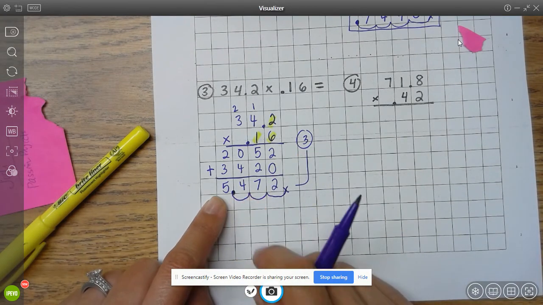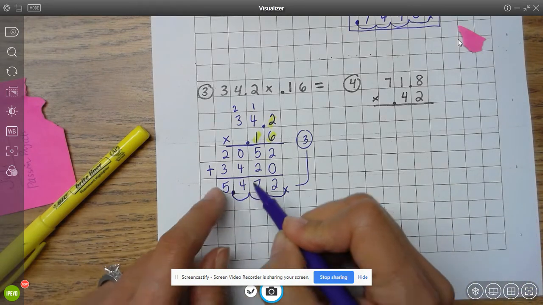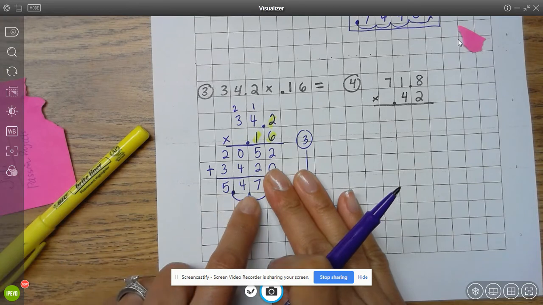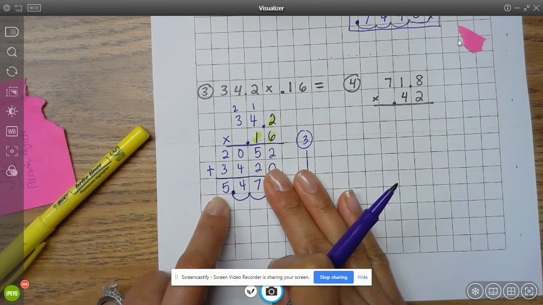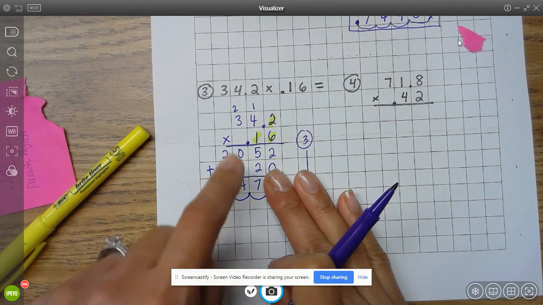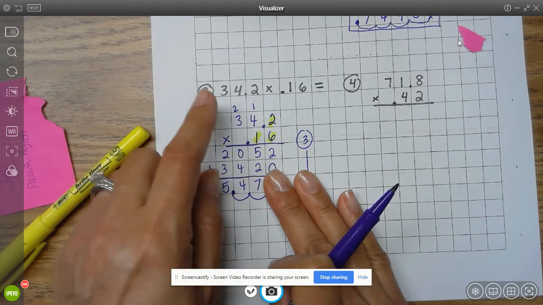And again, I'm going to look for reasoning. Okay, is my answer reasonable in case I made a mistake in counting my numbers or something? If I'm looking at this number, it's about 5.5. Okay, if I look at this as money, right? $5.47 or about $5.50. Okay, I'm looking up here. If I round this number, 34, it's about 35, right?